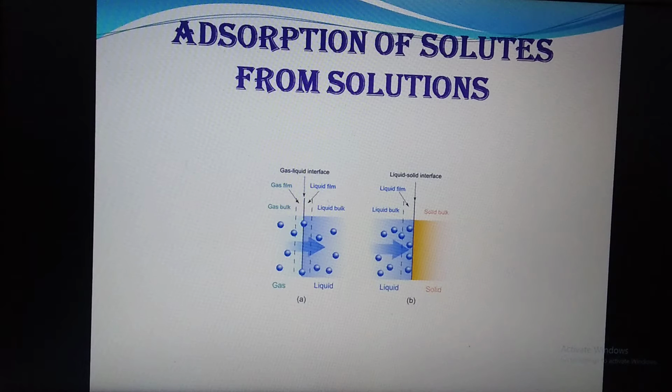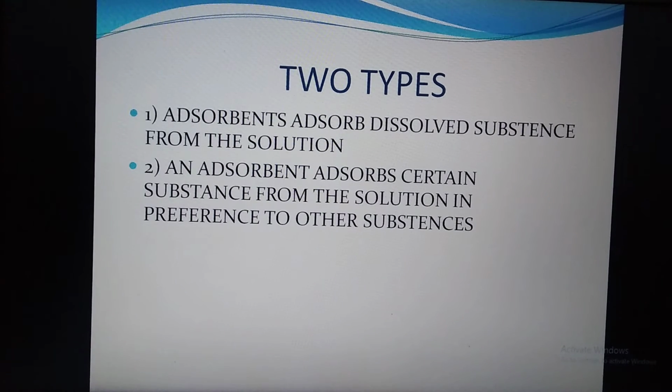I have given a few pictures below. I will explain the pictures in the coming sessions. We will move on to the adsorption of the solute from solution. It is of two ways. Adsorbents adsorb dissolved substances from the solution.